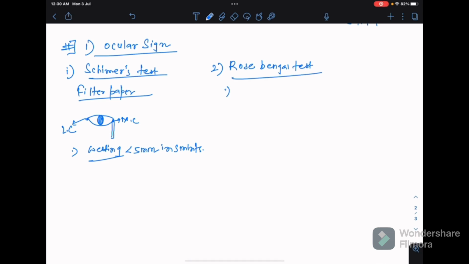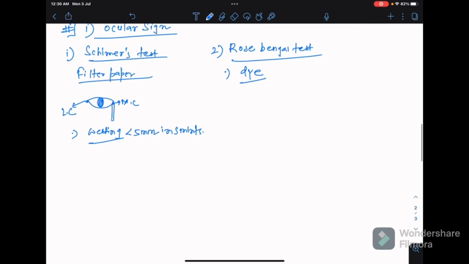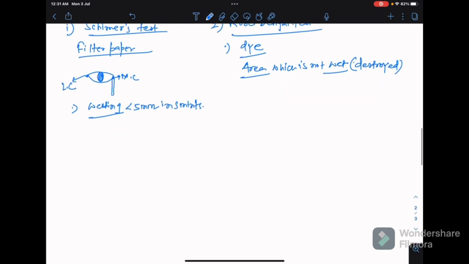Then the second test is rose Bengal test. In this test, basically rose Bengal is a dye. We put this dye into the eye, and if the area is not wet, it means it is a destroyed area. So we check how many areas are there.